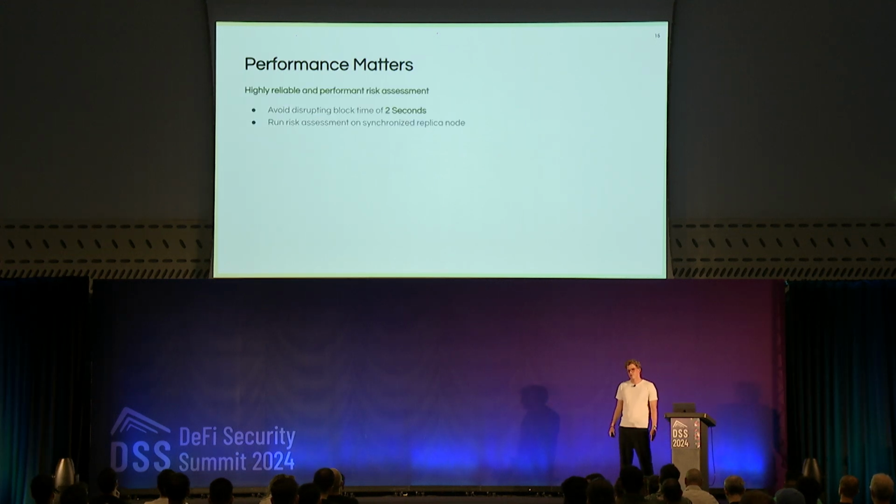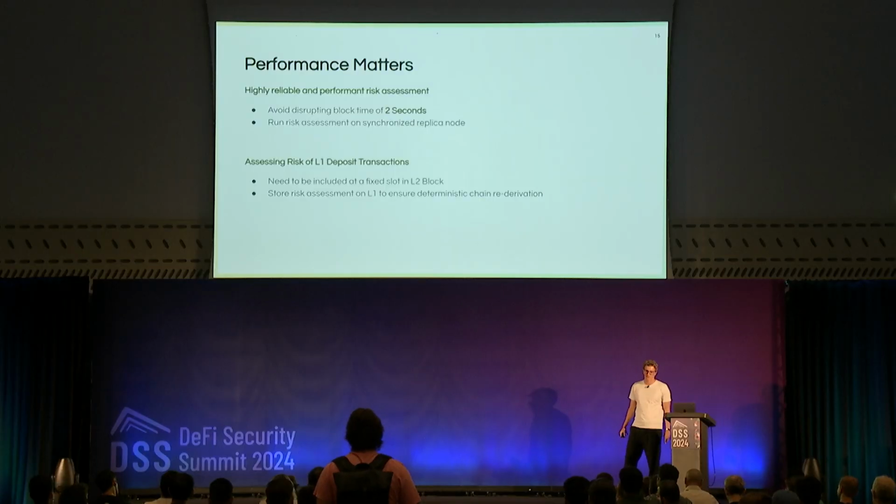To have effective sequencer-level security, performance is really important. On our network, we have a block time of 2 seconds. This means we have to be able to do a risk assessment of transactions very quickly to not degrade the developer experience. Also, it comes at the cost of some computation costs. You never want to do the risk assessment of these transactions on the sequencer itself, because with high throughput, you would risk that the sequencer would get halted.